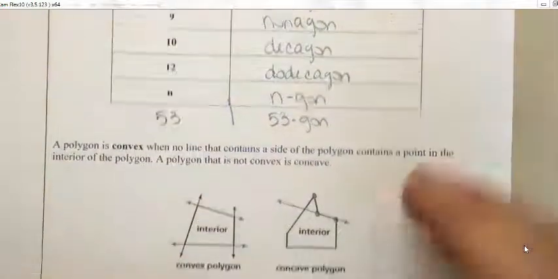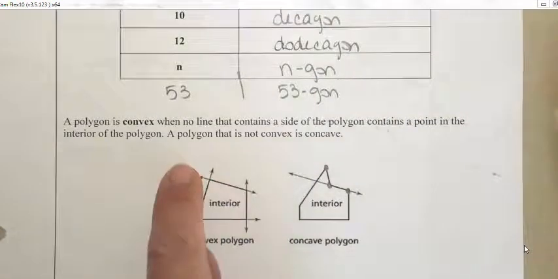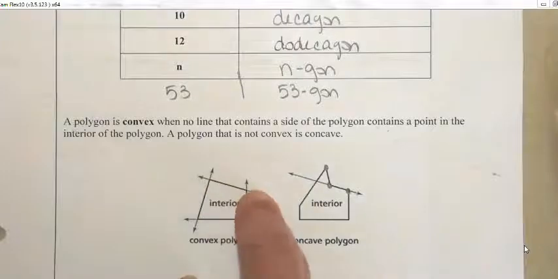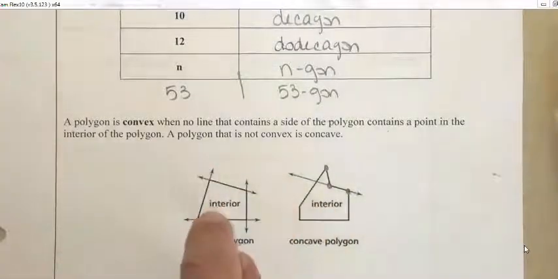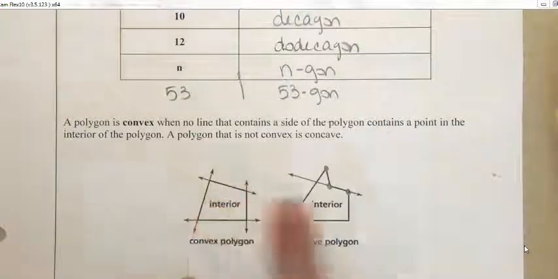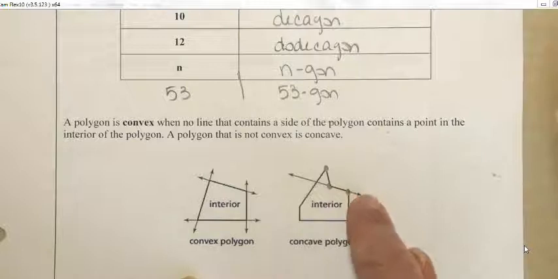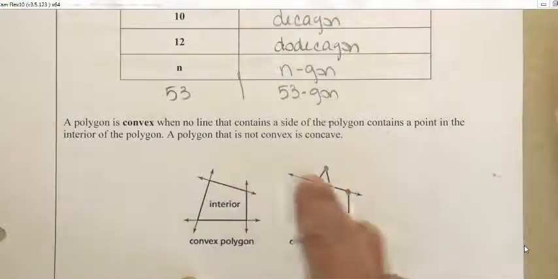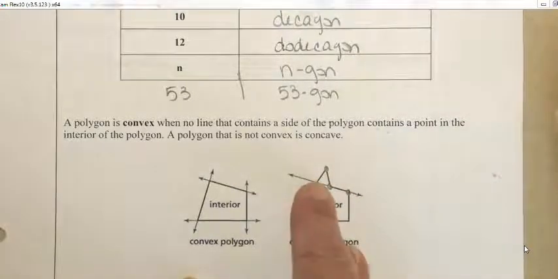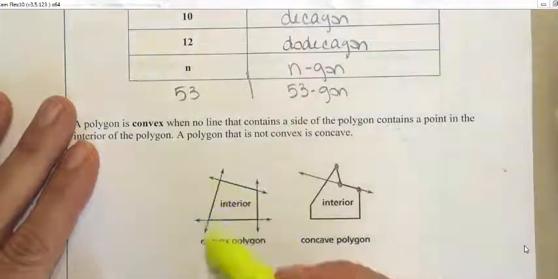So that's the difference between a convex and a concave polygon. Here, the line connecting 2 vertices never goes through the interior. Here, when I connect 2 consecutive vertices to make a side, the line does go through the interior right here.